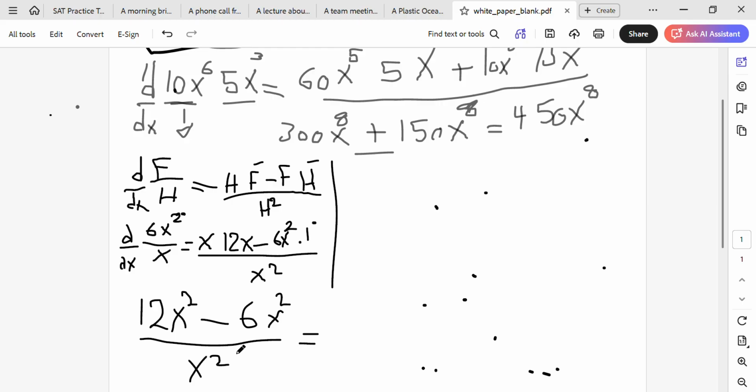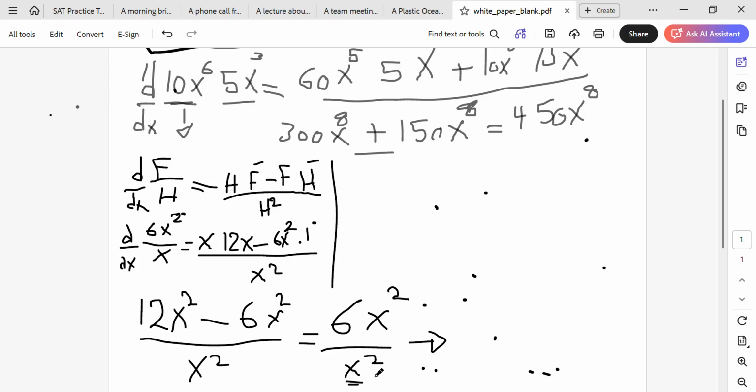So we can simplify it more. We have 12x squared minus 6x squared. Since I have the same base with the same powers, I just subtract the numbers. 12 minus 6 leaves 6. So it will be 6x squared divided by x squared. You can simplify it even more using exponents.